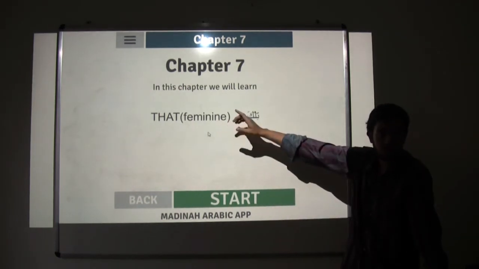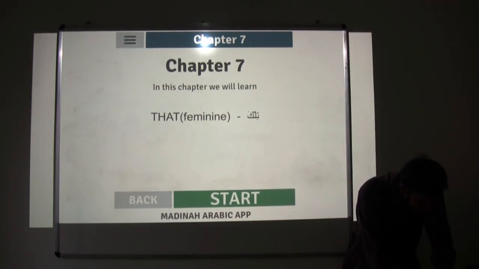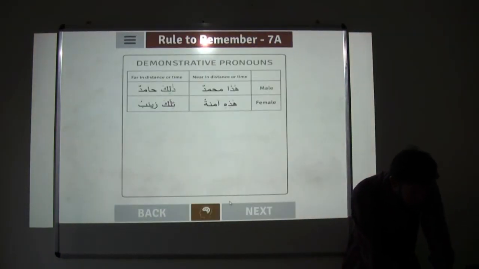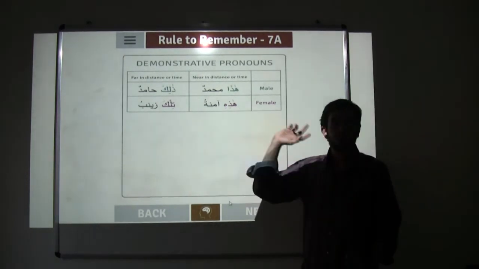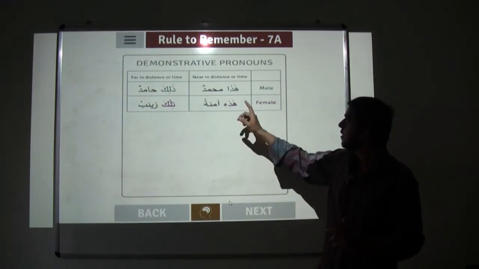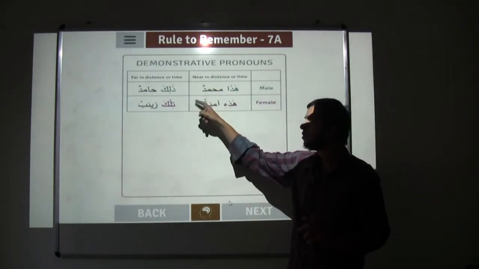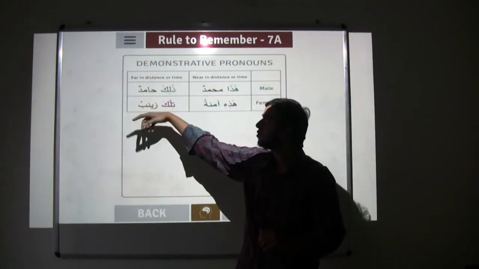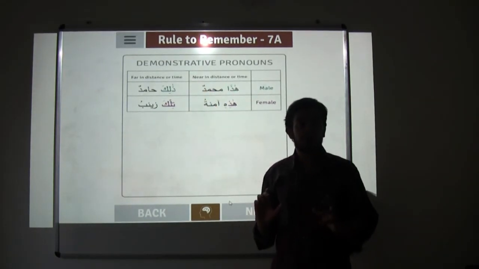So this is the only thing we'll learn. Simple. So, demonstrative pronouns. Till now we have learned for male: hada Muhammadun, dhalika Hamidun. These are known as demonstrative pronouns in English.